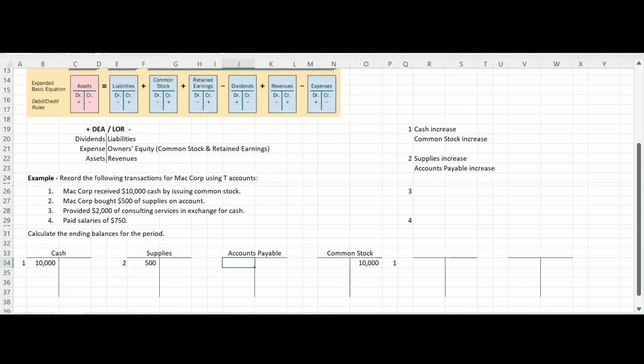The accounts payable account is a liability account, and liabilities are increased by credits. This account is being credited for an increase.